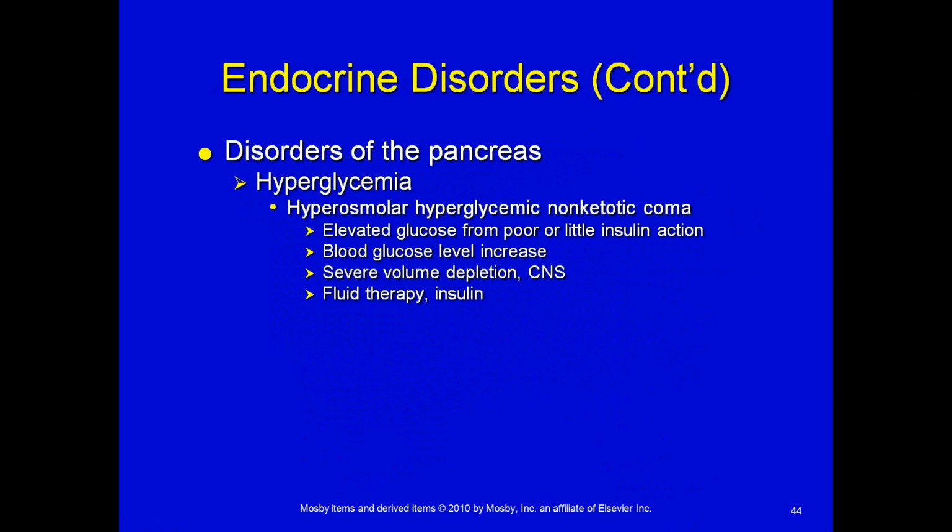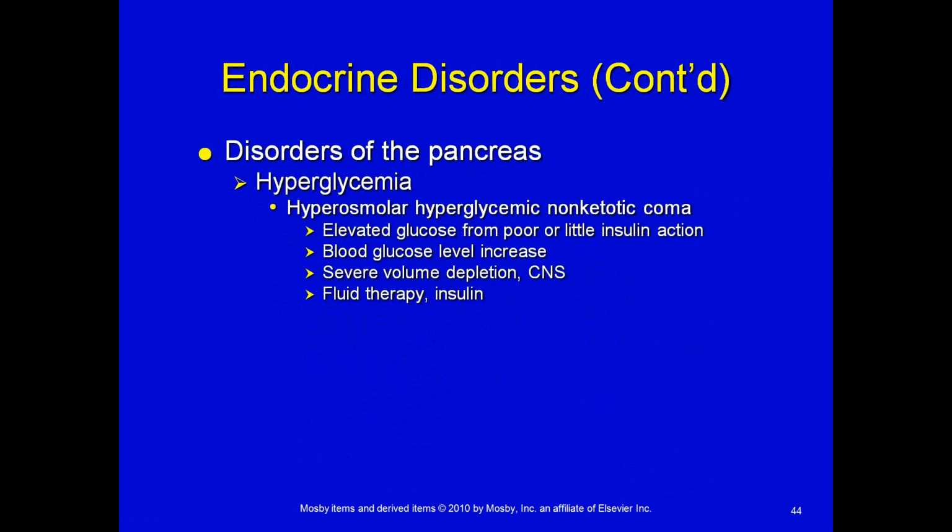So gradually over time, a couple weeks, 10 to 14 days, these patients will develop really, really high blood sugars in the thousands, but not show signs of diabetic ketoacidosis because their insulin is good enough just to get the sugar into the cells, but not good enough to lower the blood glucose in the blood.